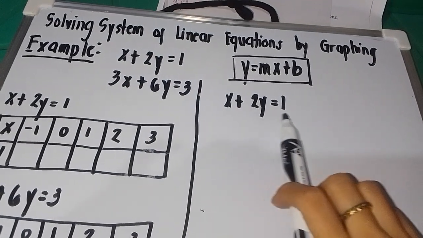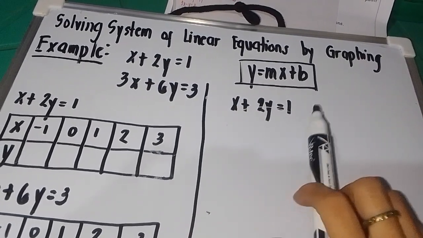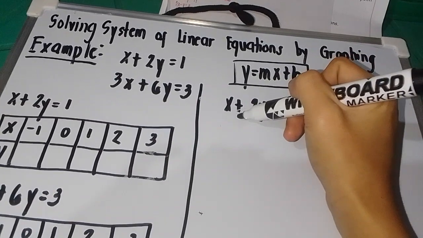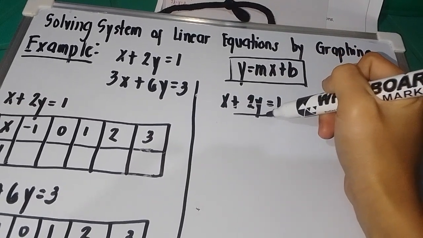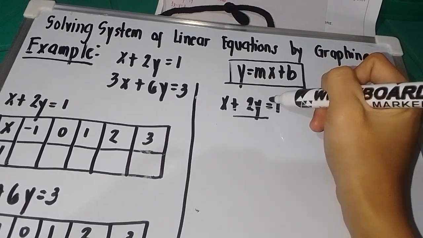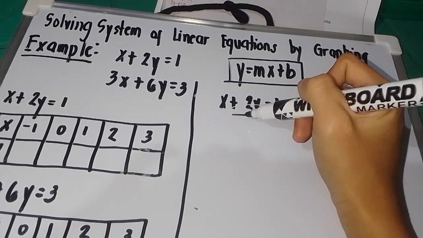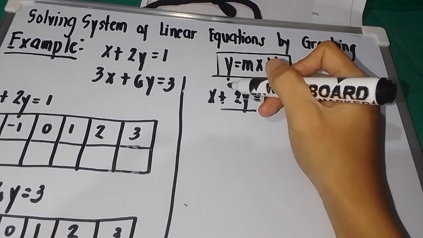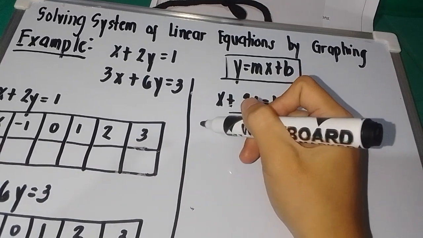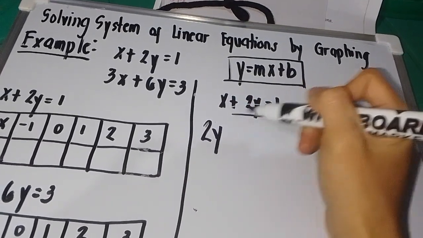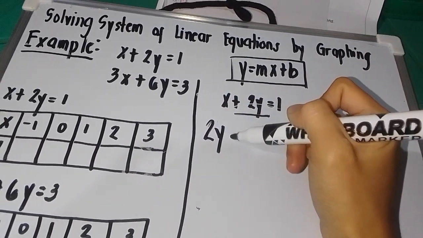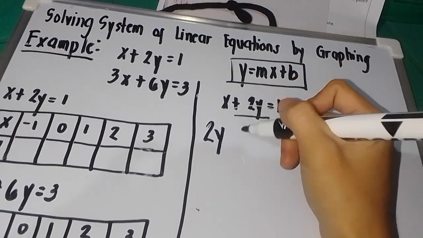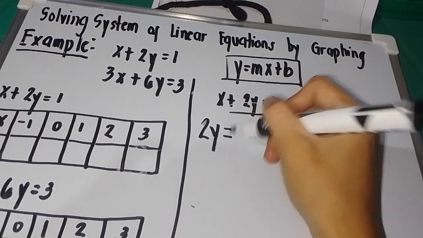In the first linear equation, the term with y is positive 2y. Since positive 2y is already on the left side, we just copy it following the positive sign. So, positive 2y.